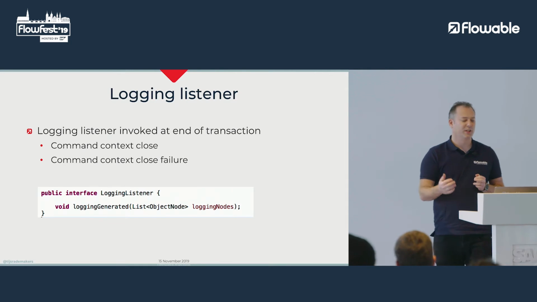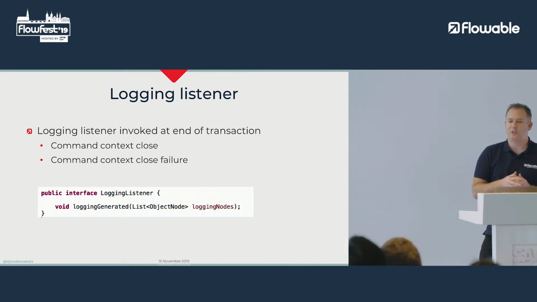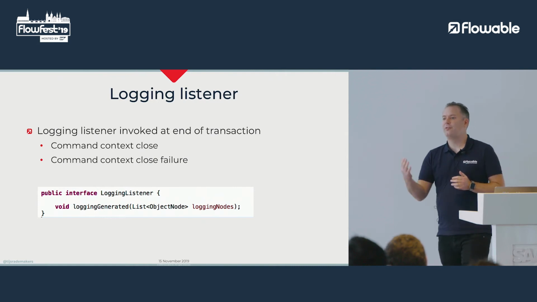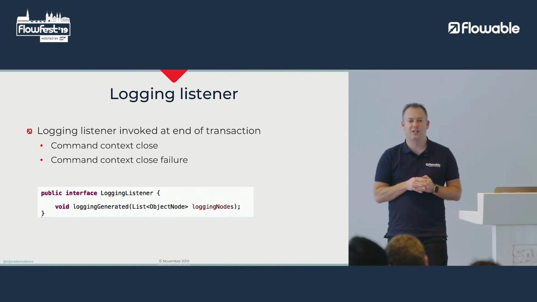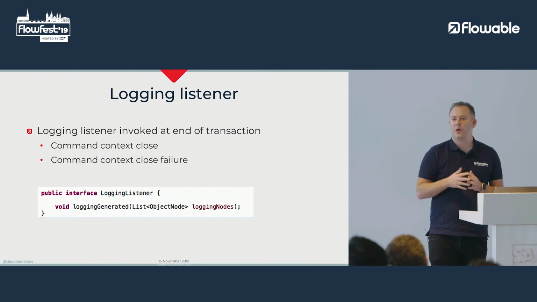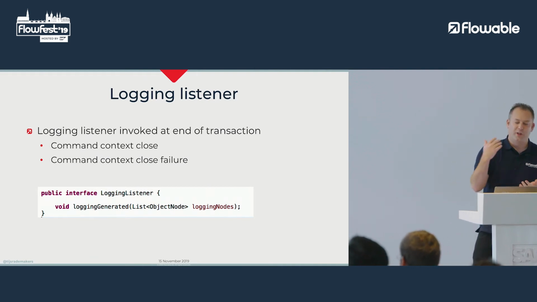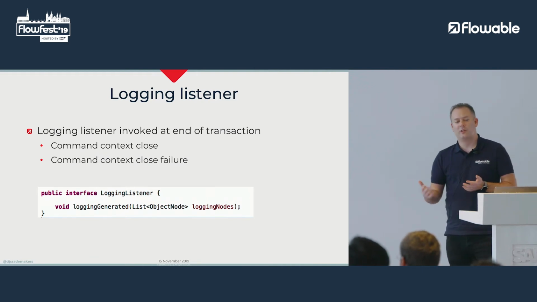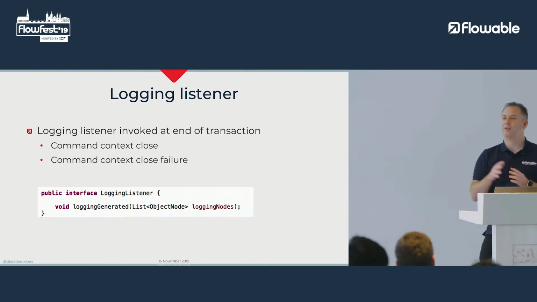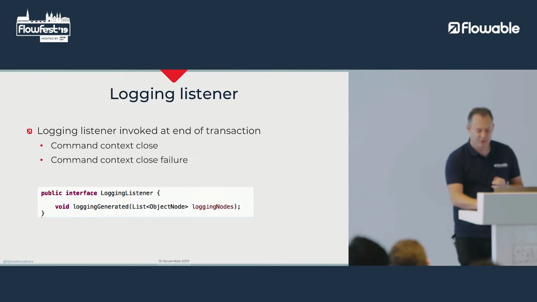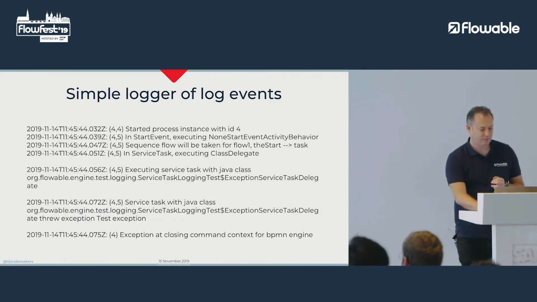Either if it has succeeded or failed, it will always be invoked, and then it is invoked with all the logging events that have happened in that transaction. And then you can do whatever you want with it, right? You can print it to the log. You can push it to another database. Yeah, that's basically up to your solution.